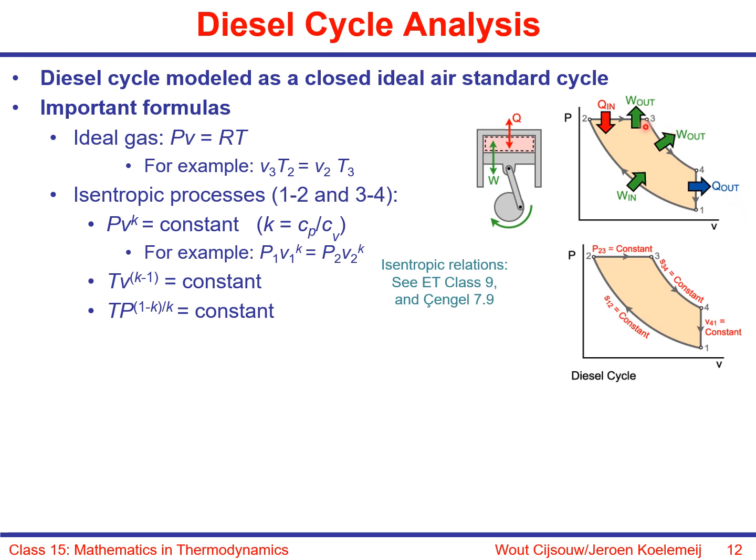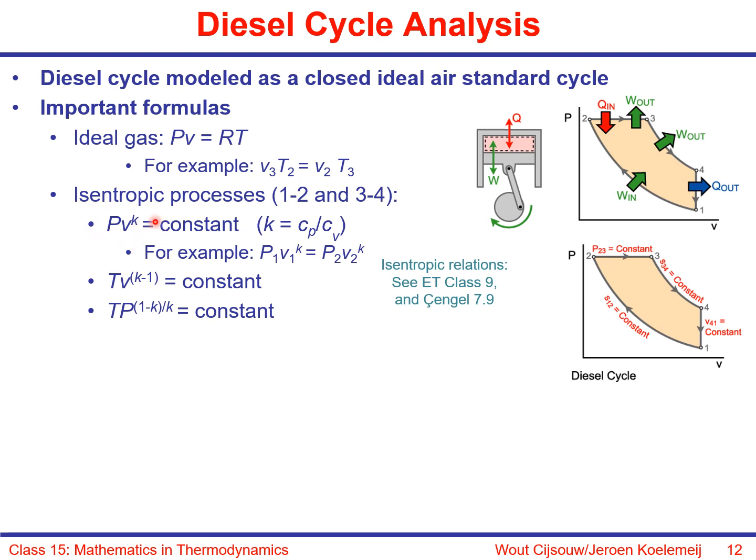Then these parts of the cycle, these are the isentropic processes. And for isentropic processes, we have seen in class 9, and you can also read about it in the book of Cengel in section 7.9, there are these isentropic relations. There were 3 isentropic relations derived that are of this form.